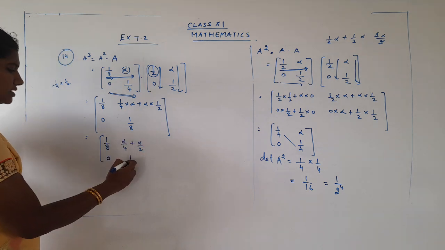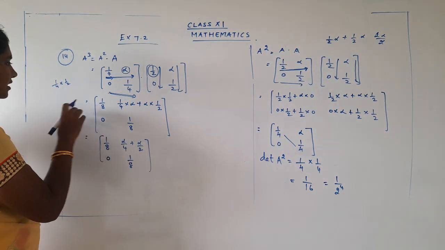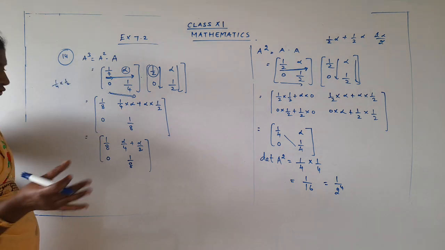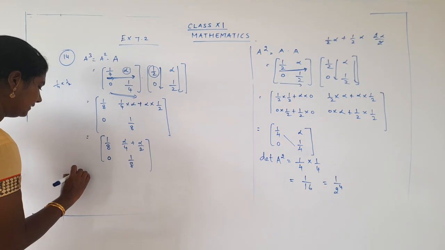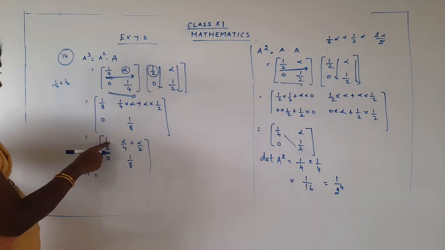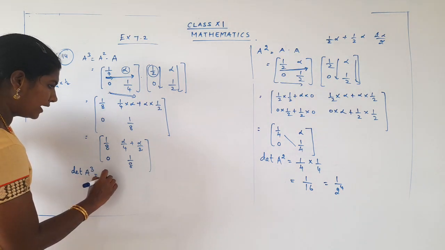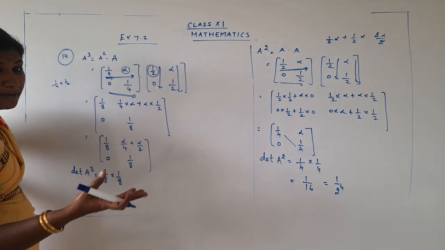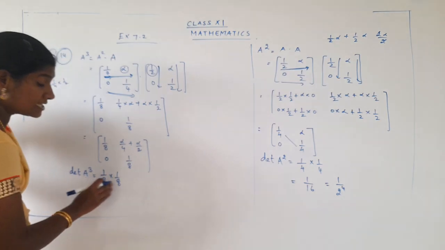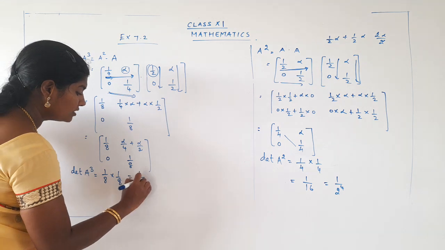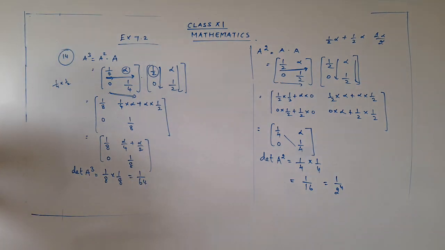No need to simplify this, we will just keep this as it is because we are not worried about A square, we are just talking about the determinant of A square. So now you write down here, determinant of A square is equal to, cross multiply, 1 upon 8 into 1 upon 8, which is 1 upon 64, and 0 multiplied by the other term gives you 0.